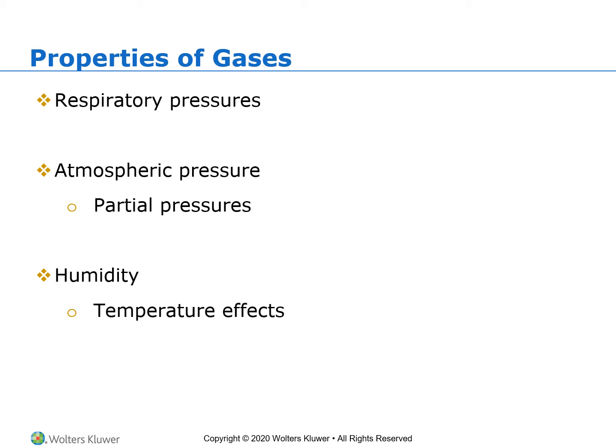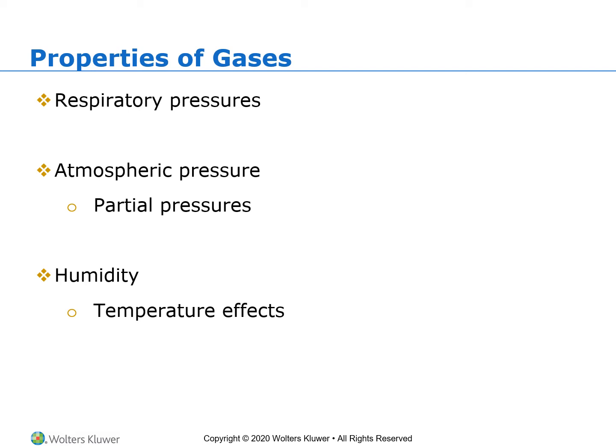At sea level, it's considered 1 atmosphere, which is 760 millimeters of mercury, and that's how it's measured. You remember those units, and you need to be able to incorporate them in your learning.